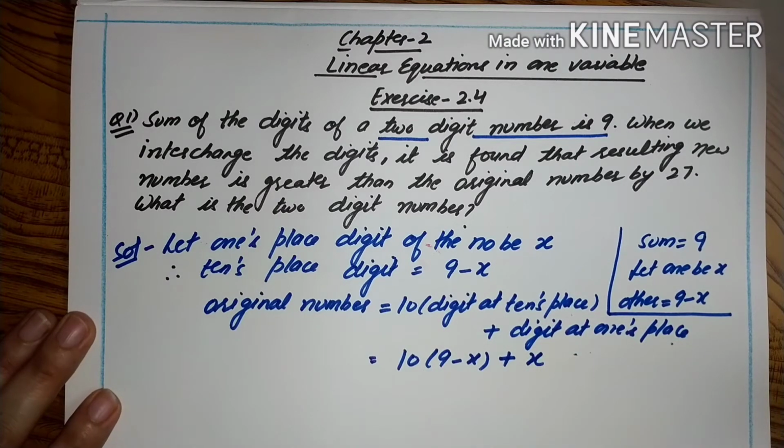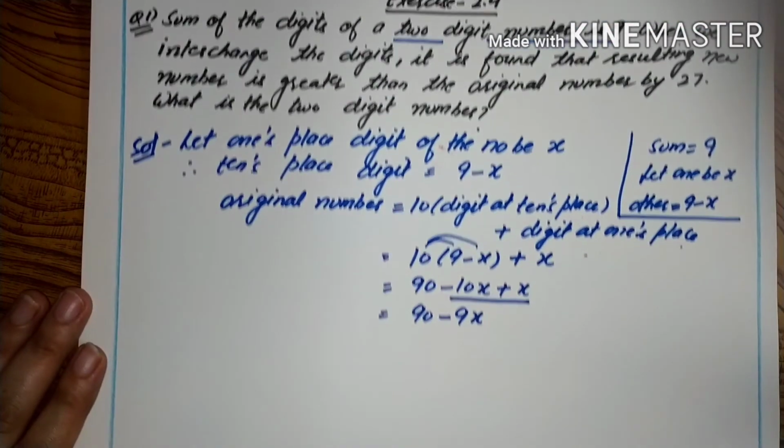So it is plus x. So we'll solve it. 10 into 9, 90 minus 10 into x, 10x, plus x. So 90 minus 10x plus x is 90 minus 9x. So it is the original number.